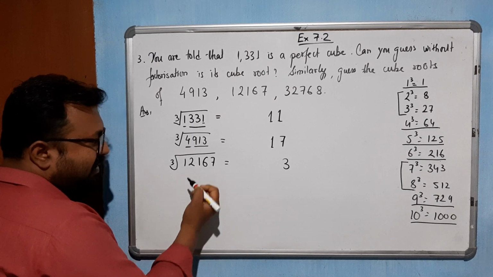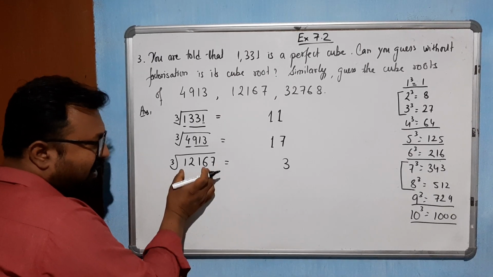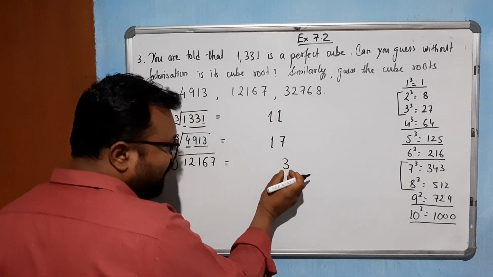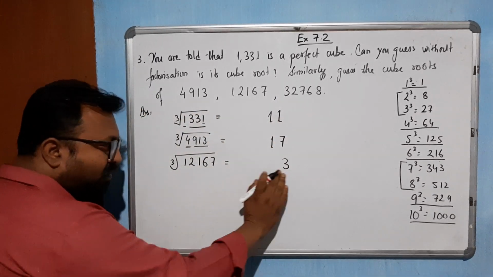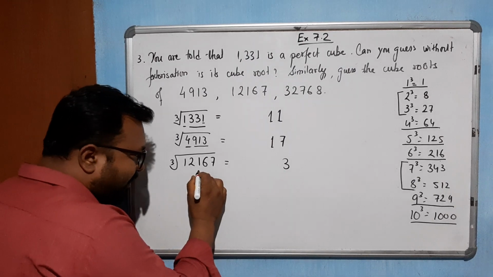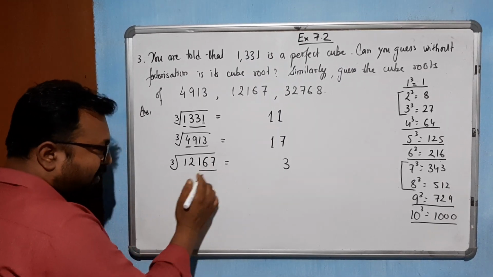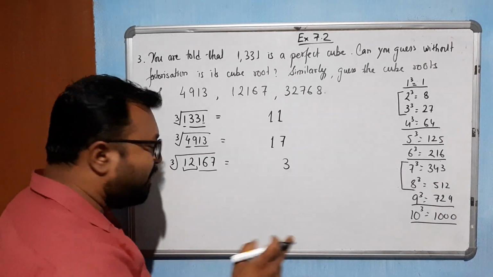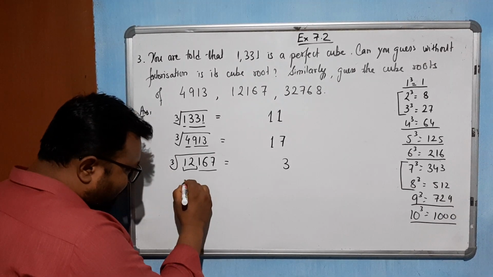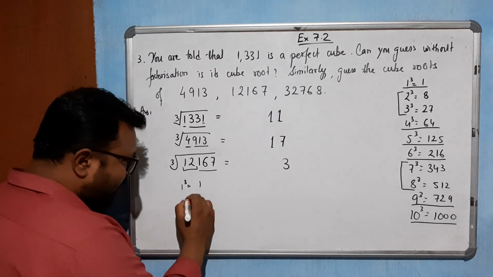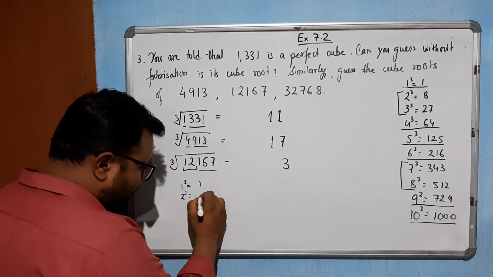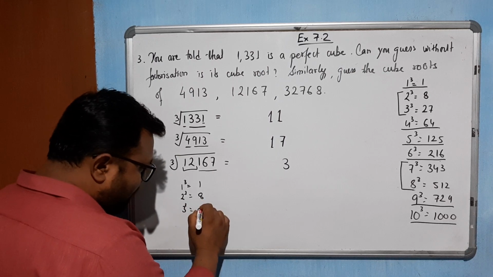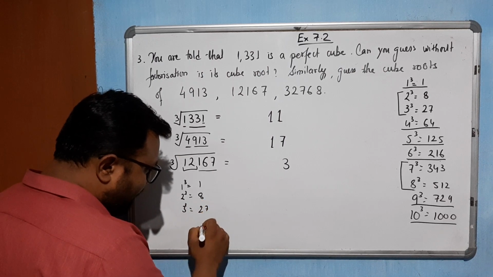Now 12167, the cube root of a number whose unit digit is 7 always ends with a result whose unit digit will be 3. Now one digit we have found. Now see, we will remove these 3 numbers, 1s, 10s, 100s. Now the remaining number is 12. We will check which cube this 12 is nearer to. Let's see here. 1 cube equals 1. 2 cube equals 8. 3 cube equals how much? 27.